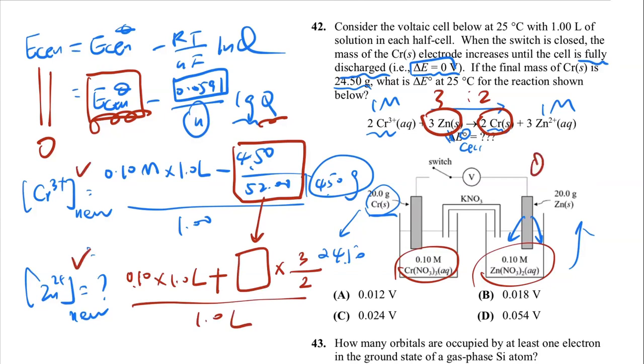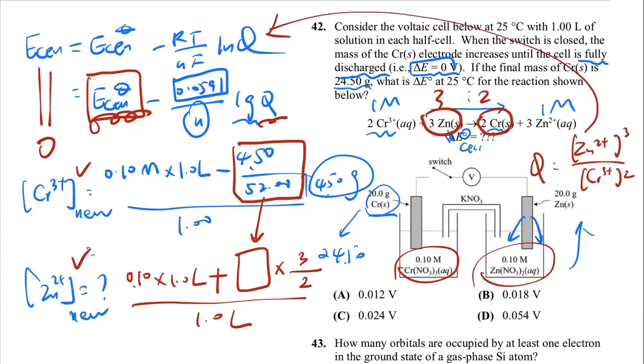Because the Q equals zinc 2+ cubed divided by Cr3+ squared, right? And then you substitute this Q back into the original equation. You can figure out the E cell standard, right? Guys, I will leave the math work for you to do after class. So we sort out the method.